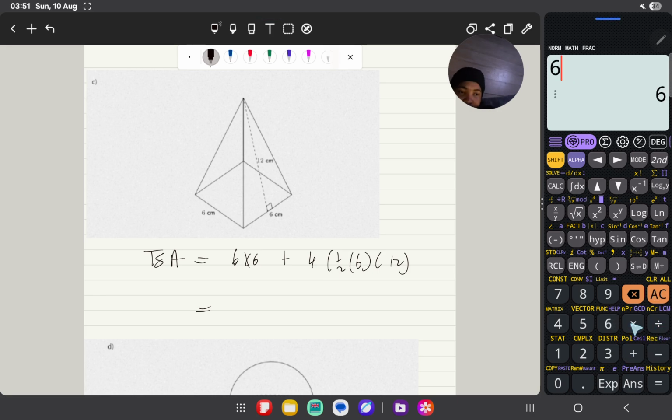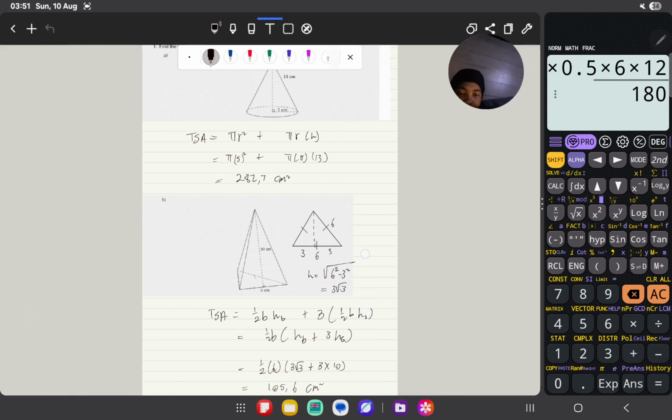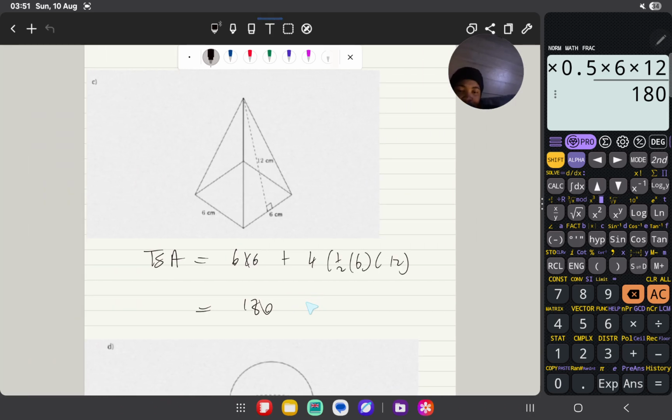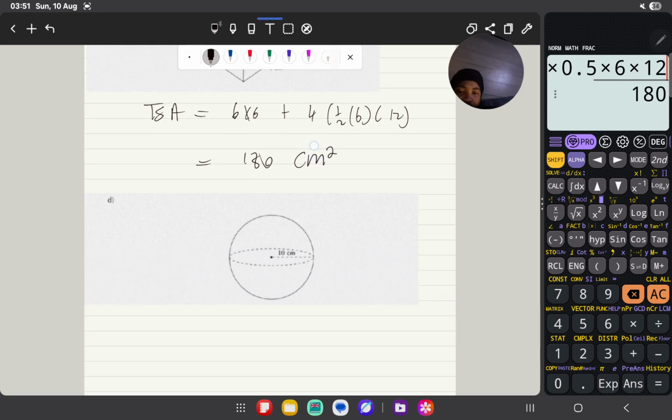So it's 6 times 6 plus 4 times 0.5 times 6 times 12, which is 180 centimeters squared.